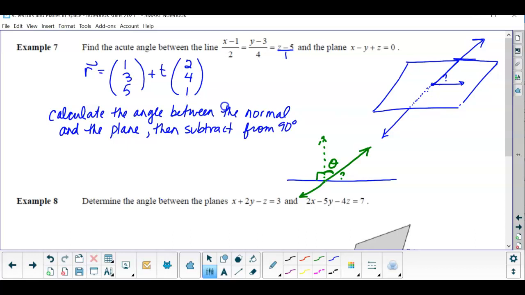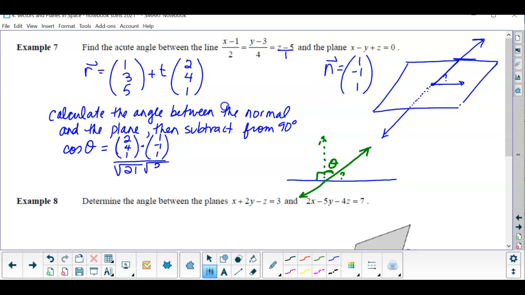Okay, so we've got our direction vector here. Our normal is 1, -1, 1. Okay, so cosine theta is going to be the dot product divided by the magnitudes. You can just do that. So 4, 6 is 21, 3.